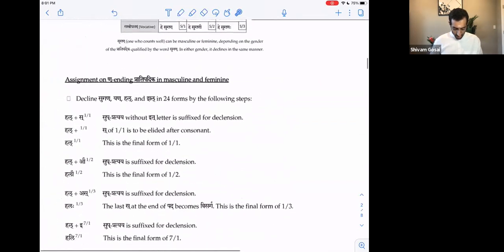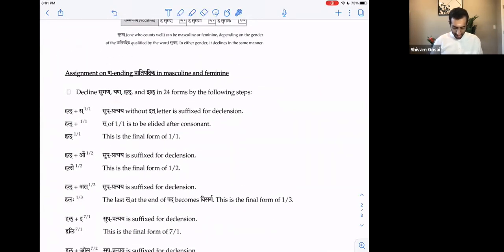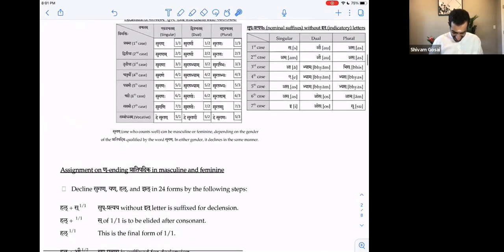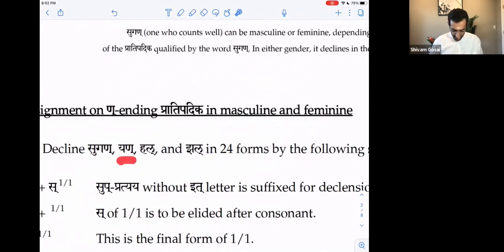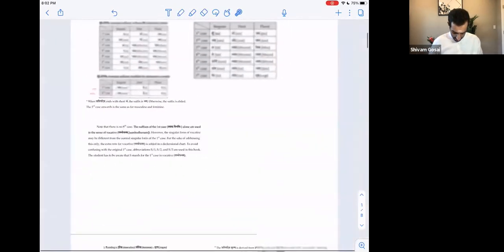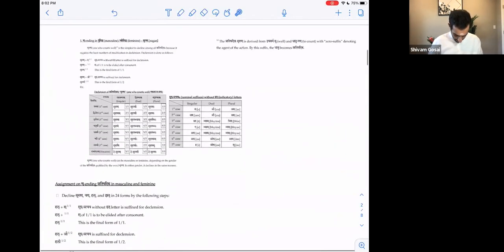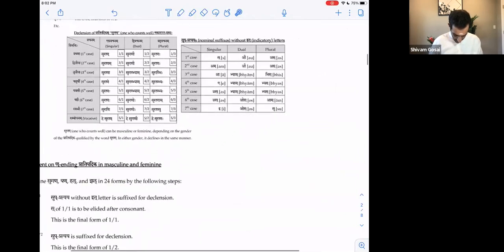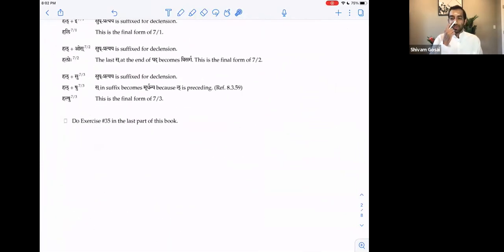So there's similar words, right? We can see yan, hal, jhal. These aren't real words, right? These are Panini's technical words. But remember, they're given using the Maheshwara Sutra, Pratyahara, the abbreviations.